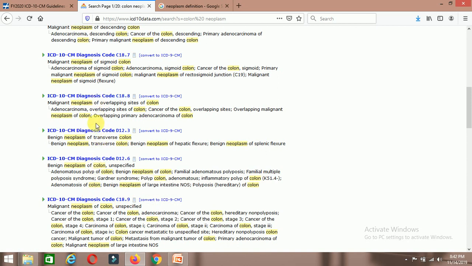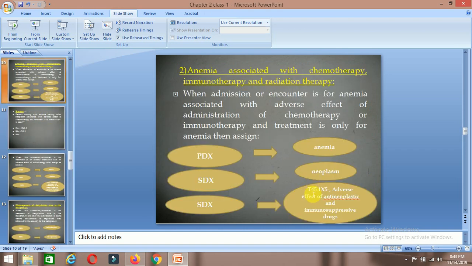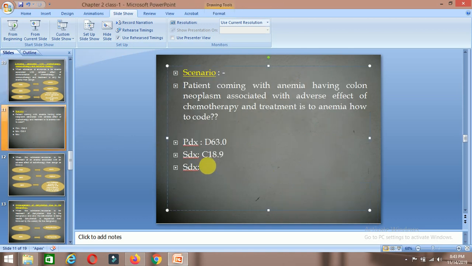We have different benign, malignant, so nothing is mentioned, so I am giving this C18.9 as the secondary diagnosis, and then finally which ICD we have to give, that is adverse effect. Because of those treatment he is having the adverse effect, so I am going to assign T45.1x5 as the secondary diagnosis.